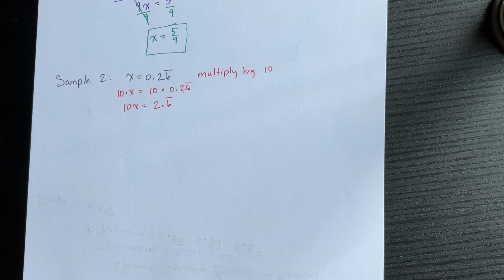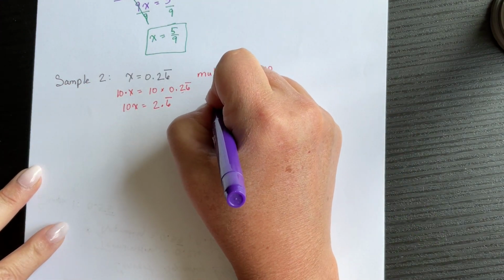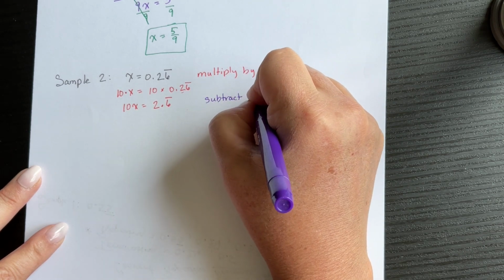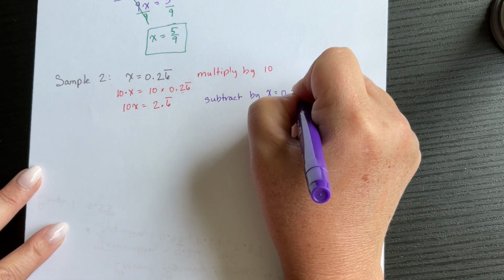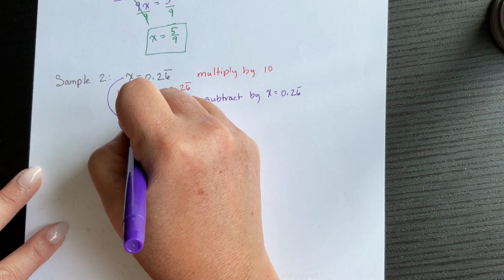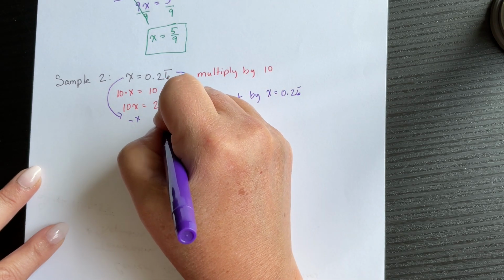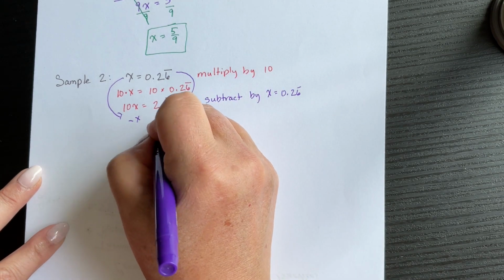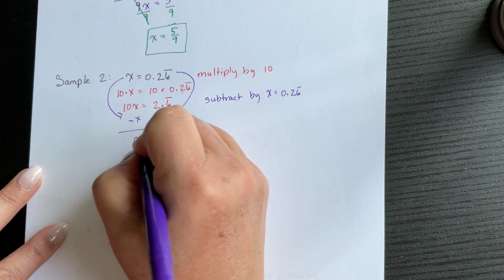I know I am allowed to subtract from both sides. Subtract x equals 0.26 repeating. So I can take that away on this side, and take that away on that side. I'm left with 9x on this side.